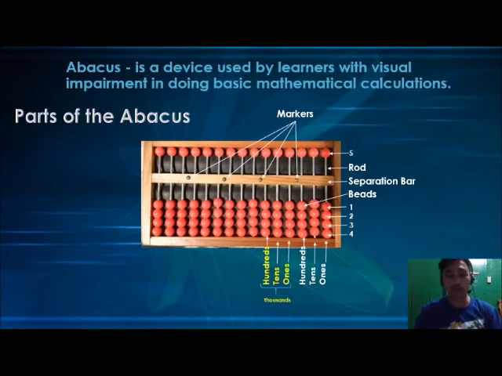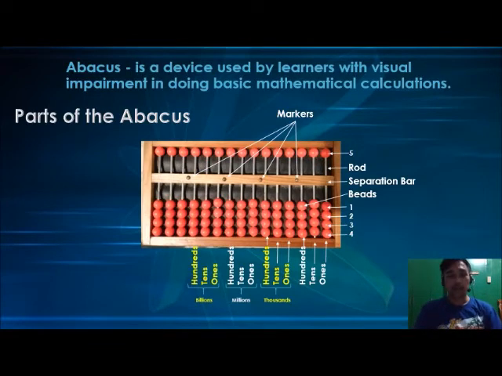So, there are 3 rods in each marker. After the second marker, you are in the millions place. There are again 3 rods there: 1 million, 10 millions, 100 millions place.